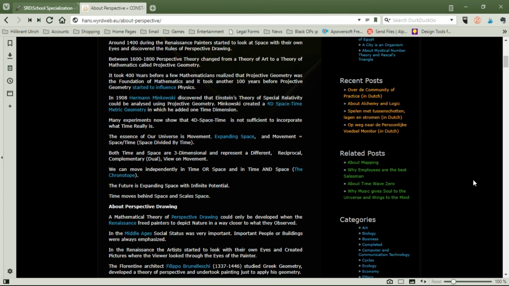Right? So in 1908, Hermann Minkowski discovered that Einstein's theory of special relativity could be analyzed using projective geometry. Minkowski created a 4D space-time metric geometry in which he added one time dimension.